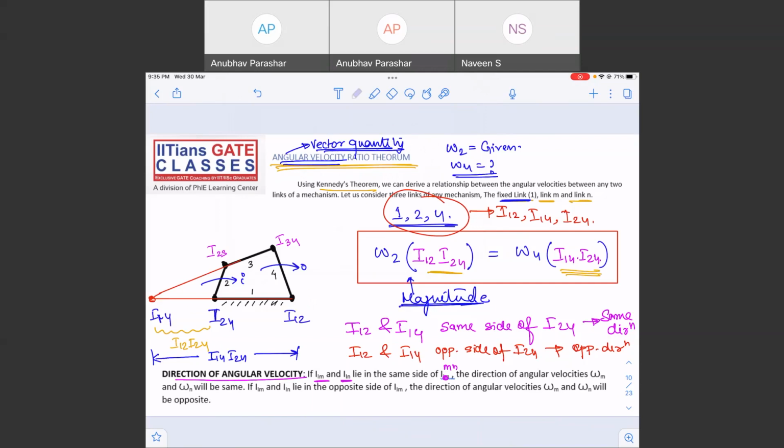In that case, you can see I12 and I14 are on opposite sides of I24. That is, the directions of the two angular velocities omega 2 and omega 4 will be opposite. Means if omega 2 is clockwise, omega 4 will be anti-clockwise. Okay?